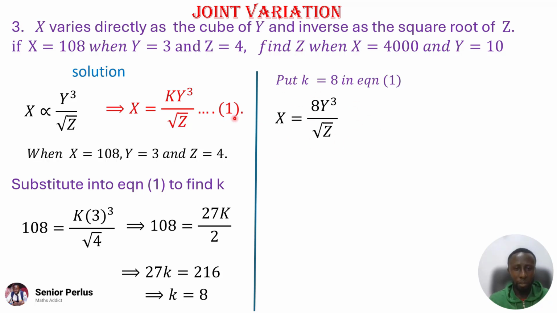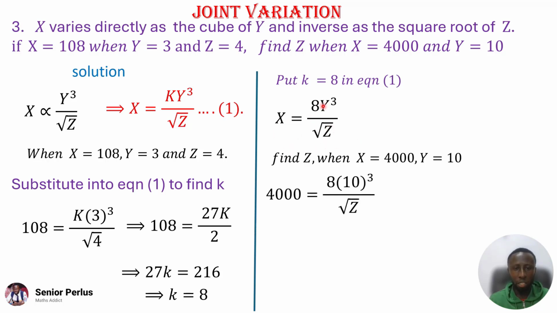Now, find z when s is 4000 and y is 10. So it says we should find z when s is 4000, y is 10. So substitute this into your new equation. We should make z the subject.